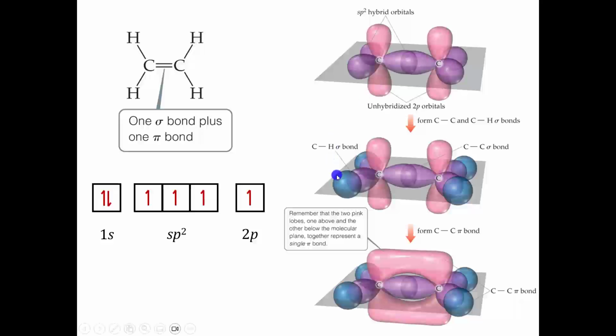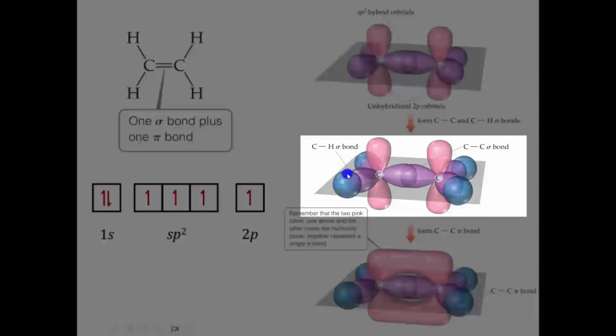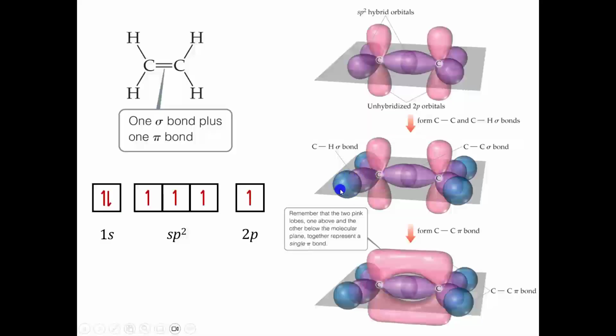Now we can add in our hydrogen 1s orbitals, shown in blue in the middle image. When you look at this image, you can see that we're getting a carbon-carbon sigma bond from overlap of the hybrid orbitals. And at each carbon, we're getting 2 carbon-hydrogen sigma bonds from overlap of the sp2 hybrids with the 1s orbital on hydrogen.